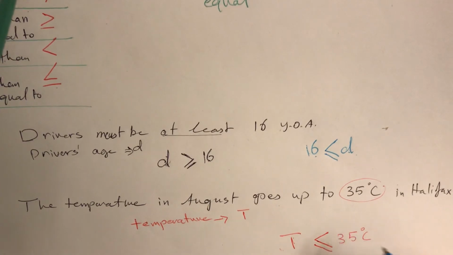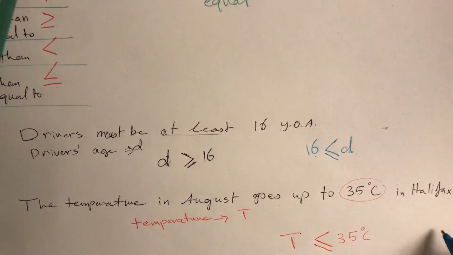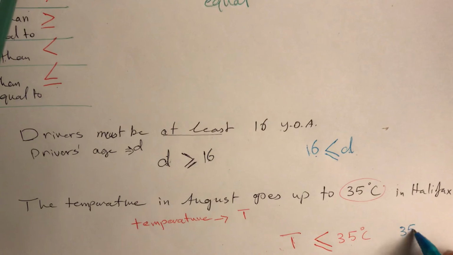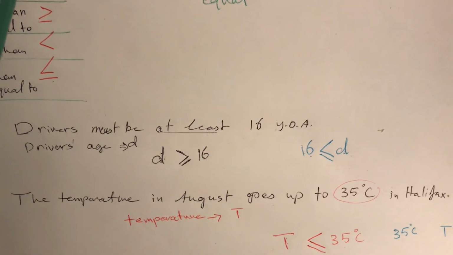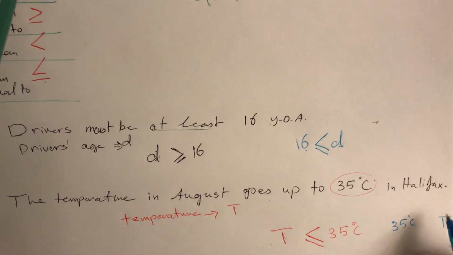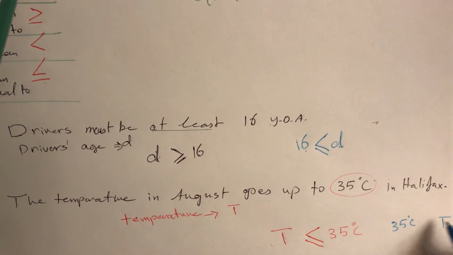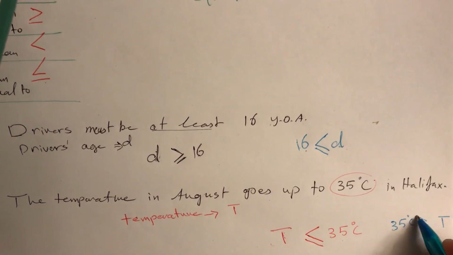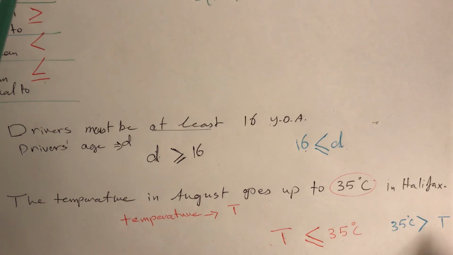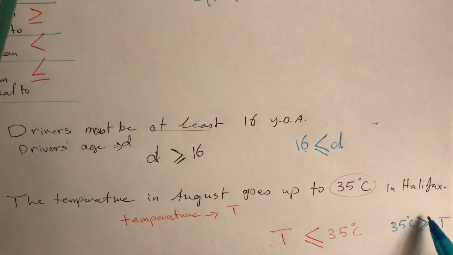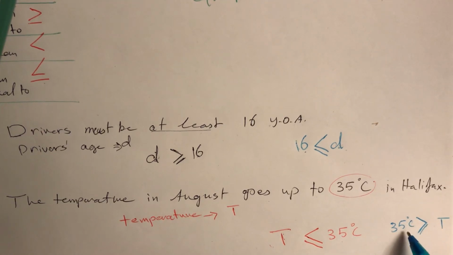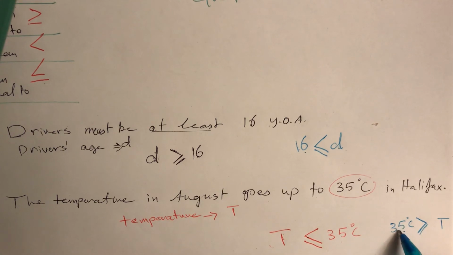In this case, the same applies. If you want to put 35 degrees Celsius and then temperature, if you start it this way, then you will also use the same thing. The opening is towards the bigger number, which is the 35 degrees Celsius. And let's test the statement. If you wake up with a temperature of 37, is 37 less than 35?